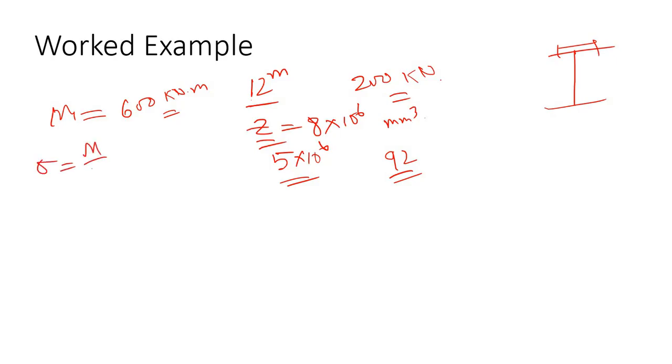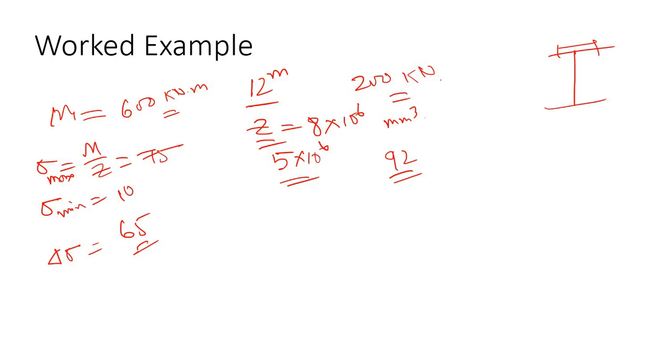Because sigma is equal to M by Z, and you will get the calculation, it is coming as 75. And also after unloading, due to self weight, there will be some minimum stress. Let's say simply this is 10 MPa. So what is the stress range? Max minus min, that is 65. This is one important parameter.